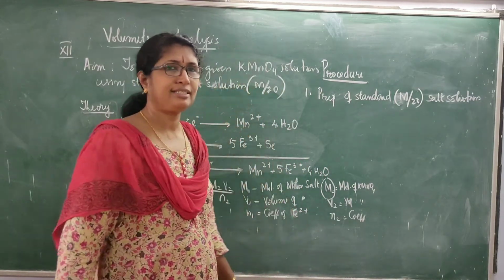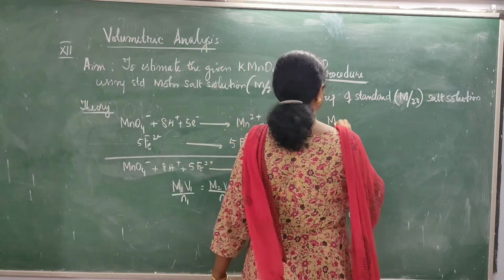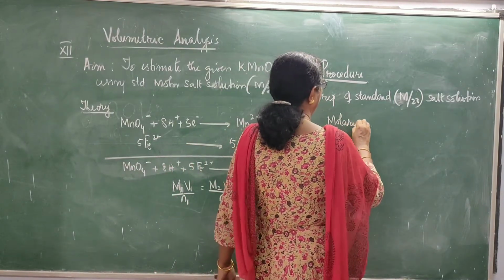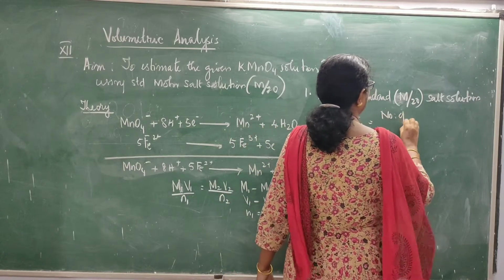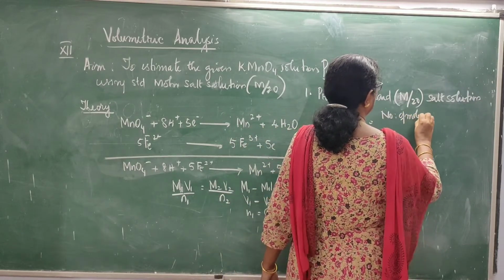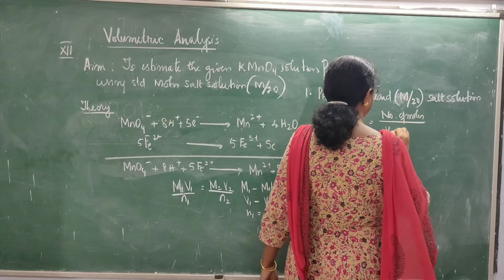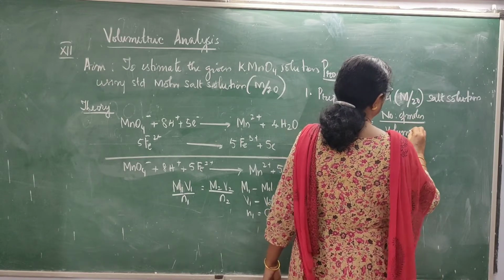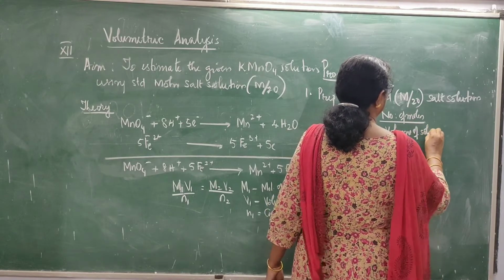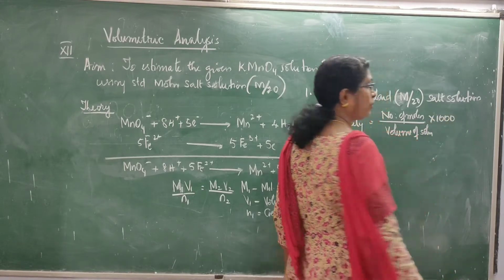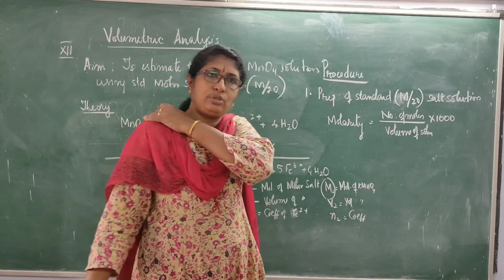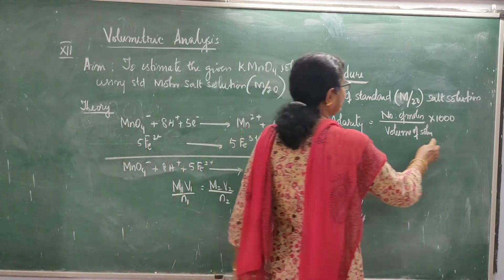How to calculate? What is molarity? Molarity is equal to the number of moles of solute divided by the volume of solution in ml into 1000. We are going to prepare only 100 ml of solution, so the volume of solution is 100 ml.